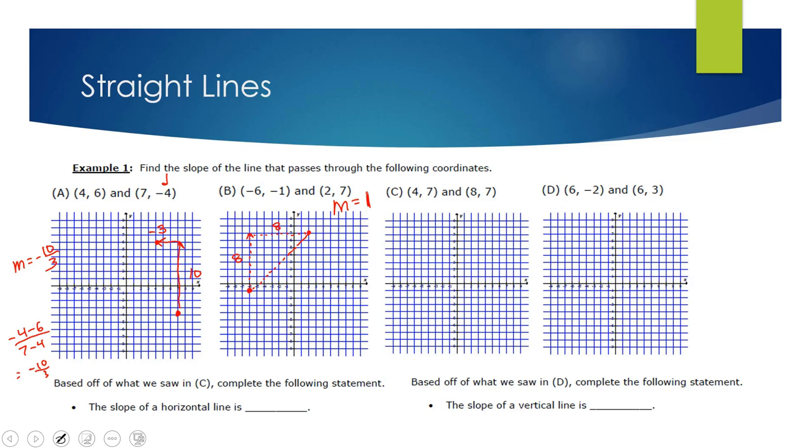For C and D, it's important to see what's going on with these in both formats. If I plot (4, 7) and (8, 7), the line that passes through them is right here. It's a horizontal line.